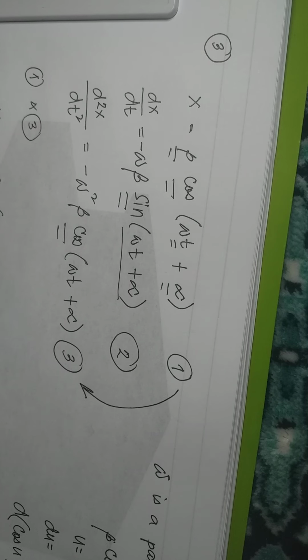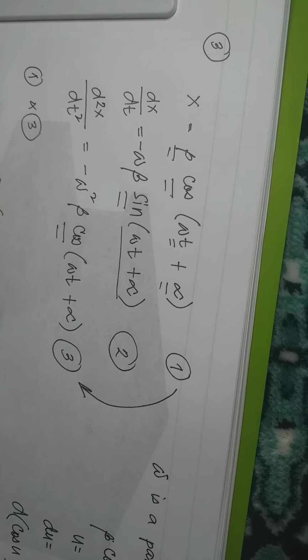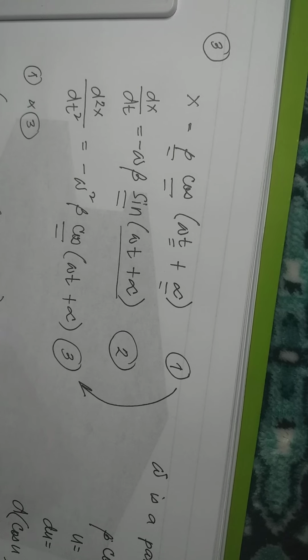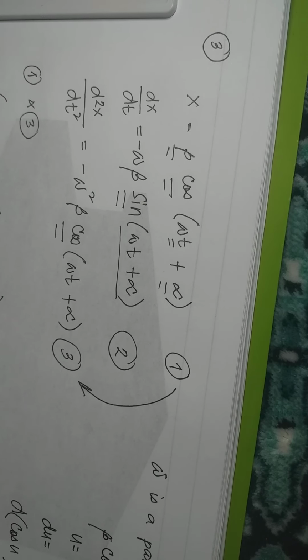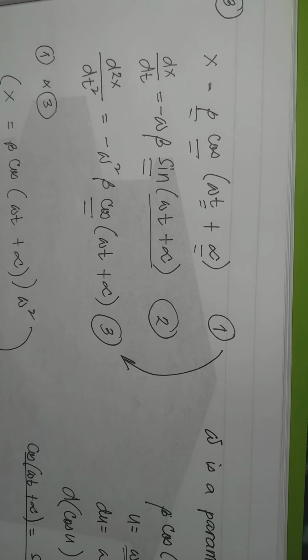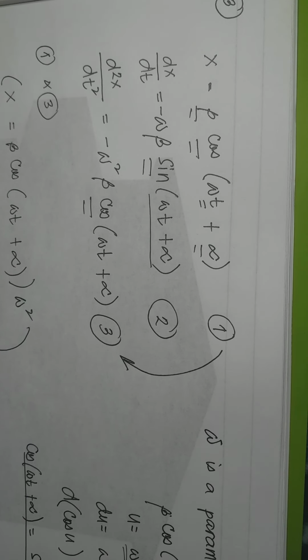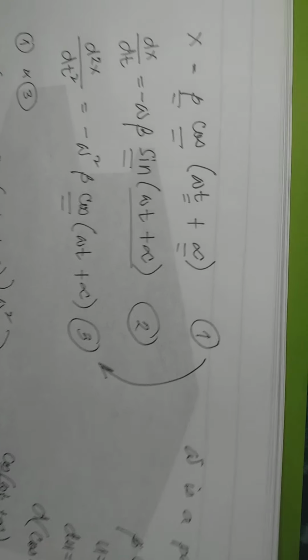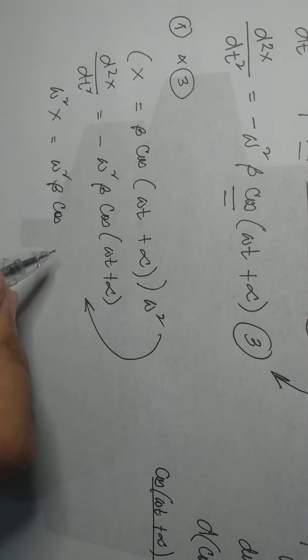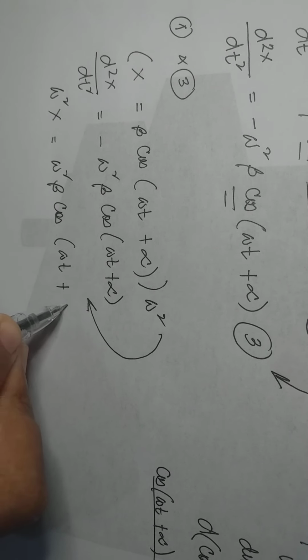So we needed to eliminate beta and alpha. Therefore, we have to multiply equation number 1 by W squared, giving us W squared x is equal to W squared beta cosine (Wt plus alpha).